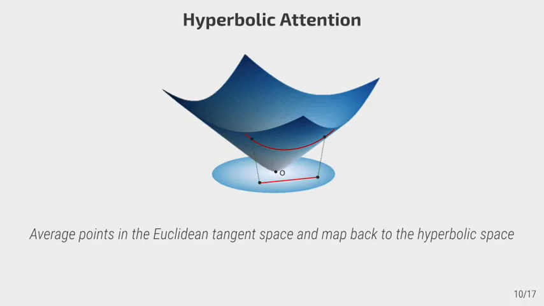The key here is to leverage the tangent space, which is a local approximation of the hyperbolic space that has a vector space structure, and where we can perform operations such as dot products or averages. Note that this attention mechanism can be applied beyond rotations and reflections to potentially capture even more complex logical patterns in knowledge graphs, and we leave this as future work.